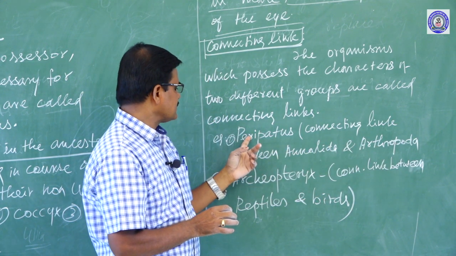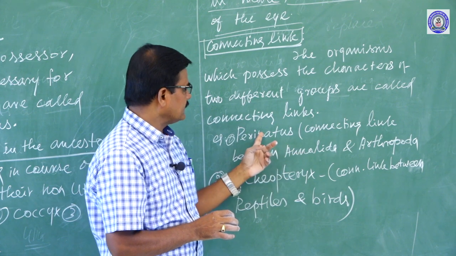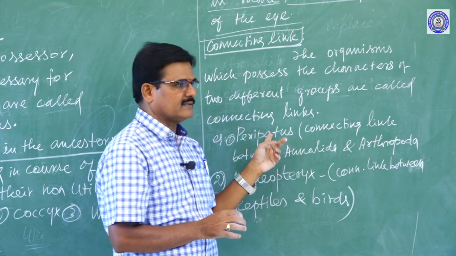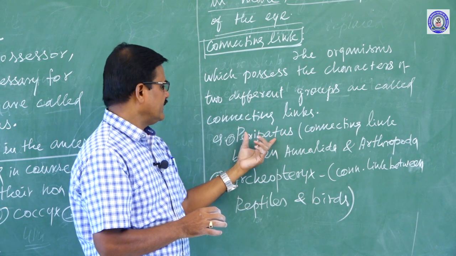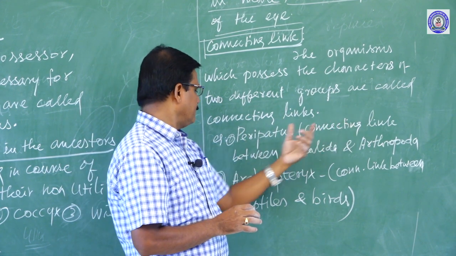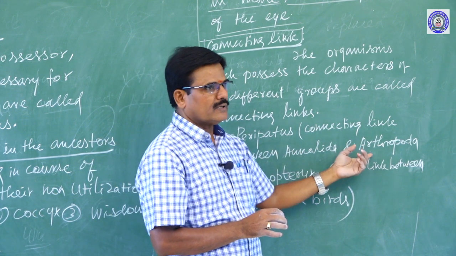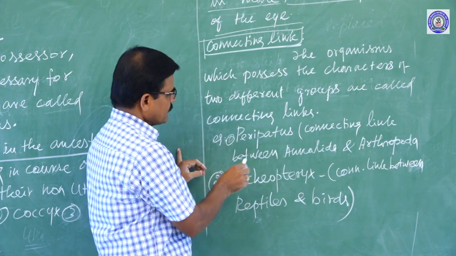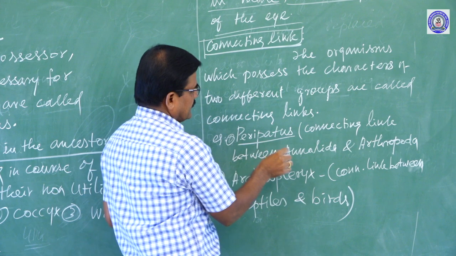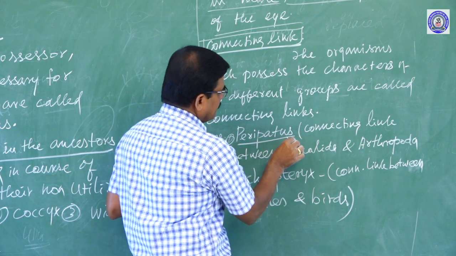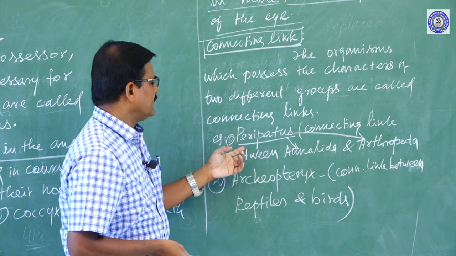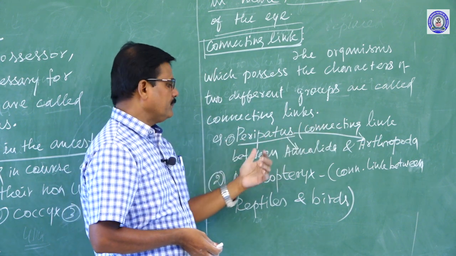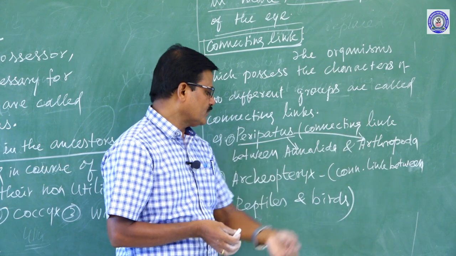This Peripatus has Annelidan characters and also Arthropod characters. The two sets of characters are present in Peripatus, so it is called a connecting link between Annelida and Arthropoda.